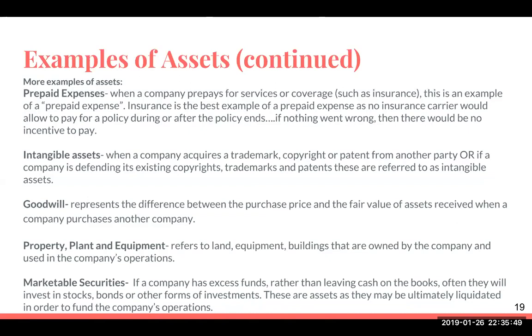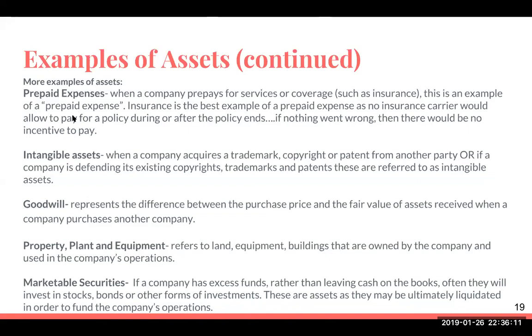But I do want you to be aware of these different types of assets. Property, plant, and equipment refers to land, equipment, or buildings that are owned by the company and are currently used in the company's operations. That last part is very important. It has to be used in the company's operations.